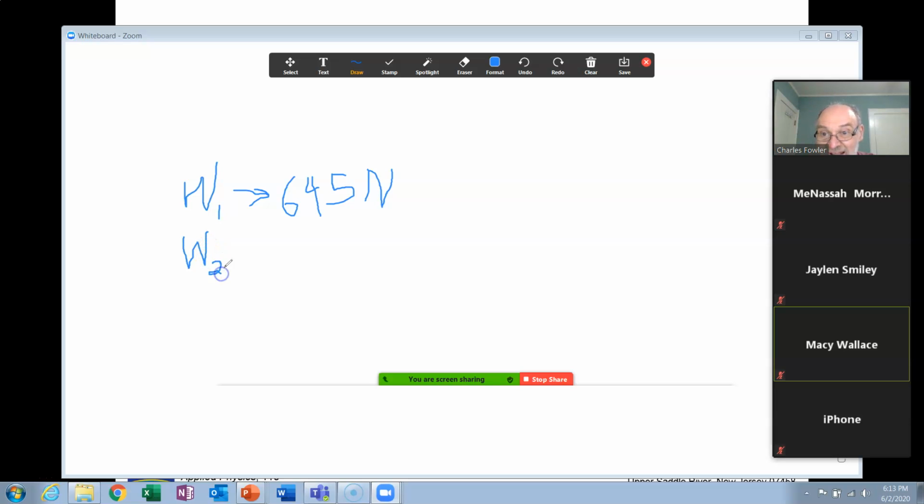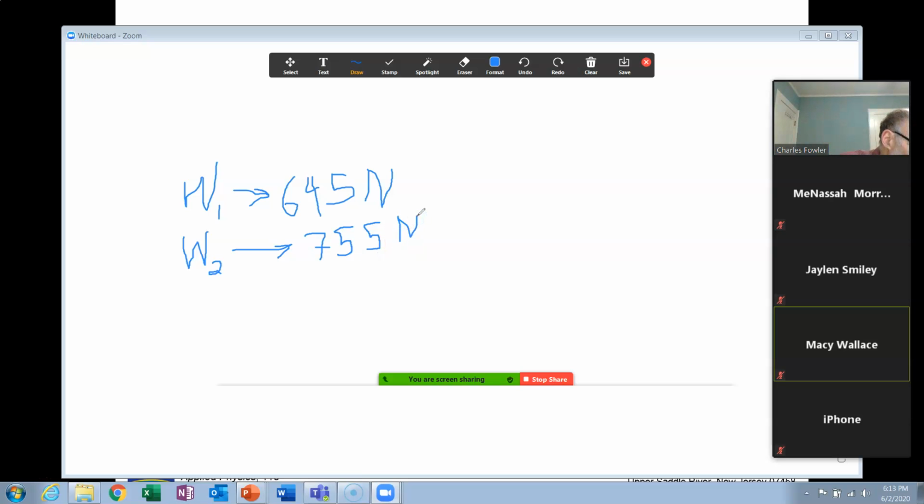And he's pushing in the same direction with a force of 755 newtons. I may stop slashing my 7s too because it's hard to get them right. 755 newtons in the same direction.